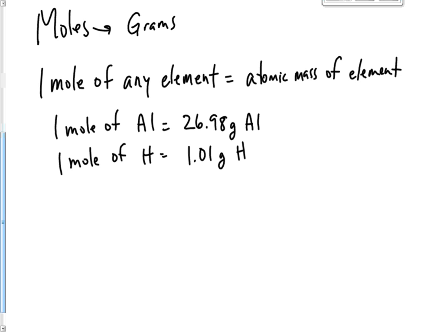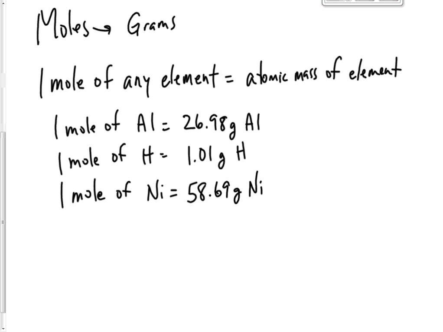So if we did 1 mole of nickel atoms, okay, 6.02 times 10 to the 23rd nickel atoms is going to give us 58.69 grams of nickel.